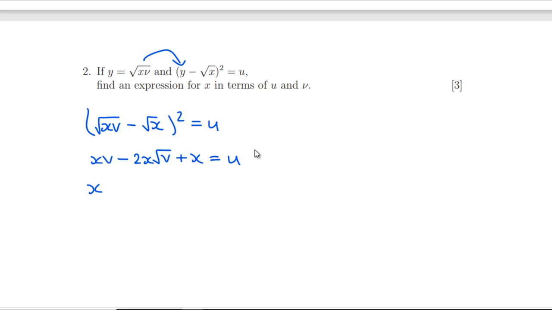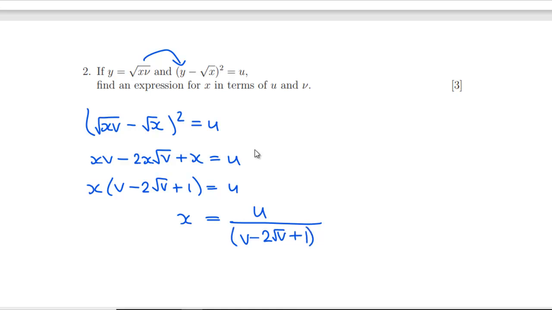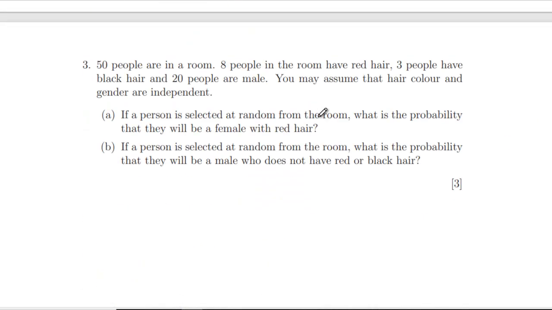Factorize the x: x times v minus 2 root v plus 1 equals u, and then divide everything through. So we've got x is equal to u divided by v minus 2 root v plus 1. Right, not very exciting question, but 3 easy marks.